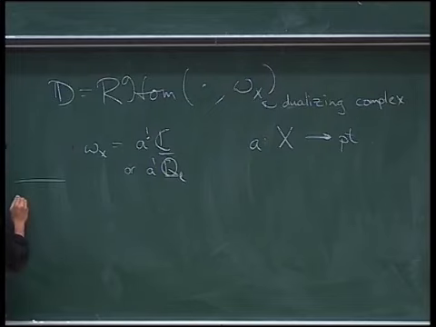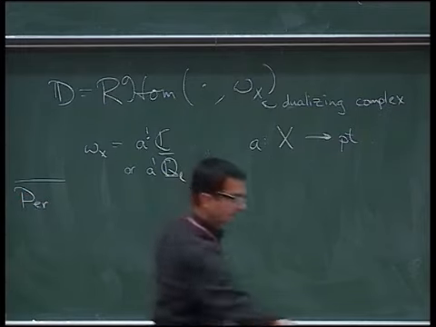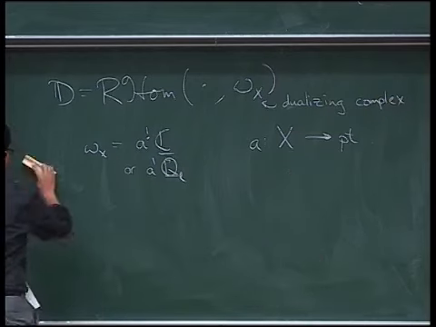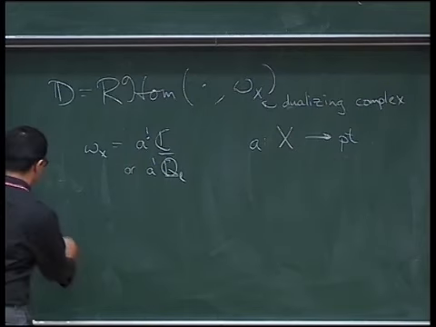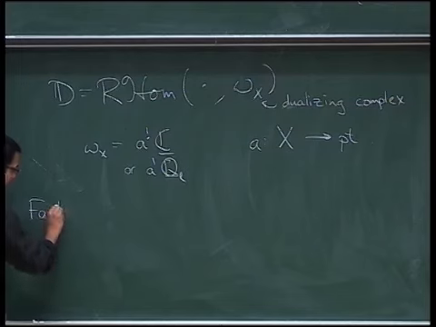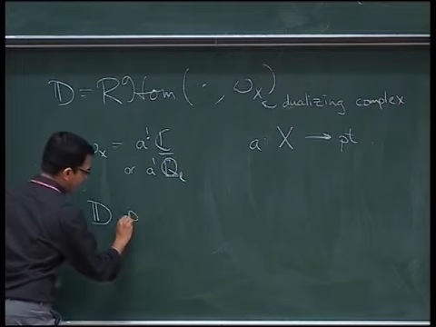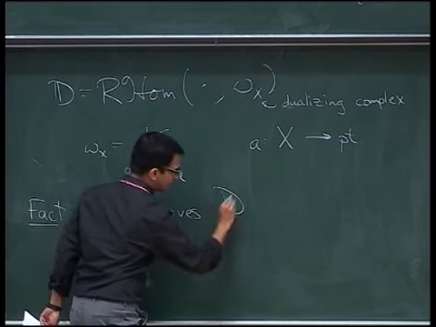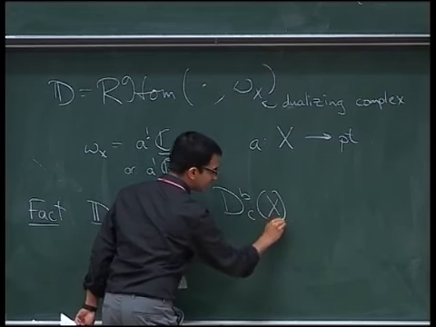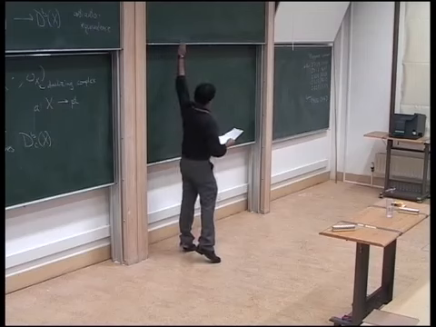And here's an elementary fact about these two things. So I've got a constructible category and I've got Verdier duality. And an easy fact about these is that Verdier duality preserves the subcategory of constructible complexes. And that lets me write down the following.